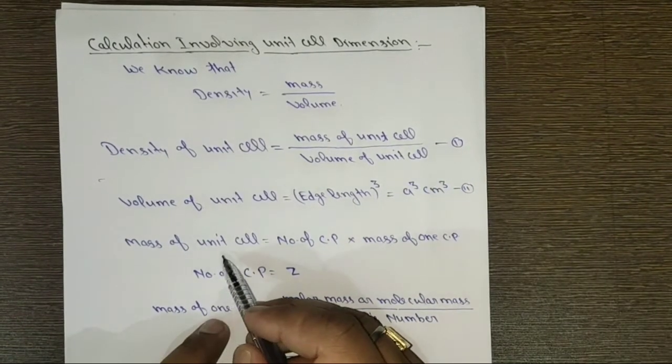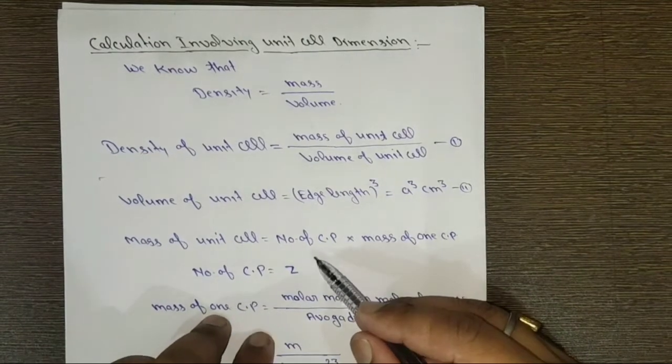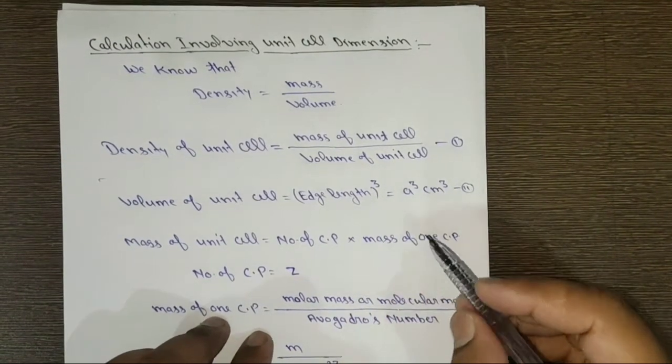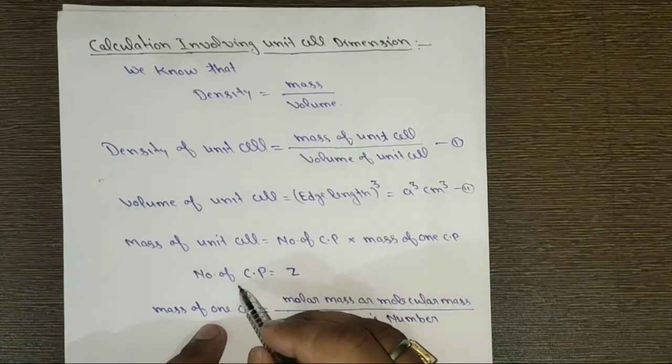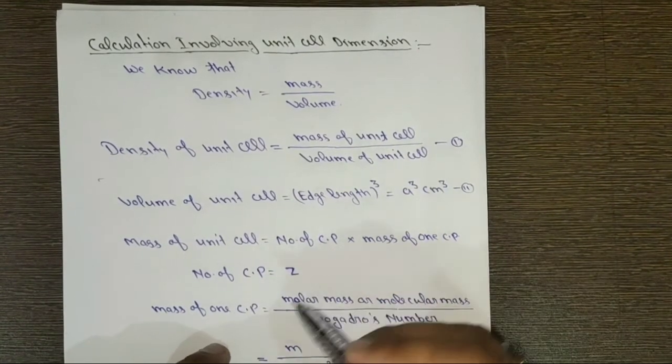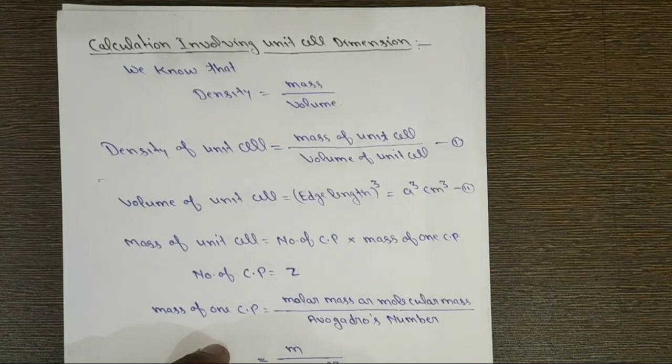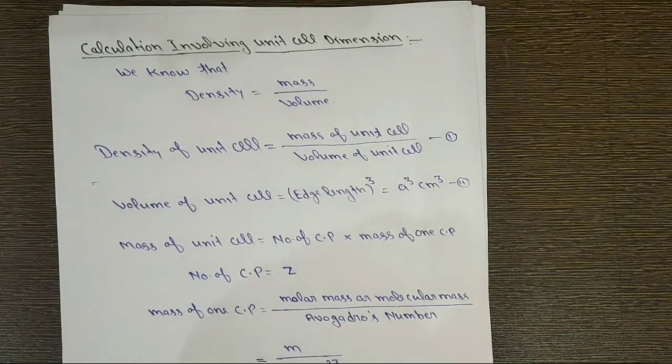Mass of unit cell is given by the number of constituent particles into mass of one constituent particle. Number of constituent particles is given by Z. Mass of one constituent particle is given by the molar mass or molecular mass upon Avogadro number. This formula is obtained from the mole concept.